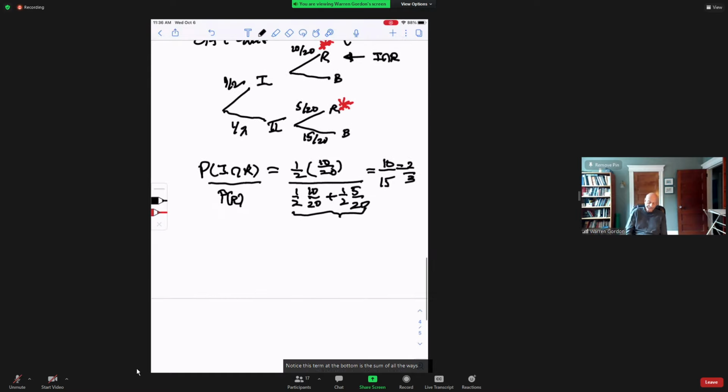So in fact, very often you'll see a formula like this. P of, say, A sub i given E. That's the typical problem. I'm giving you the effect. I want to know about the cause. You don't need this formula.